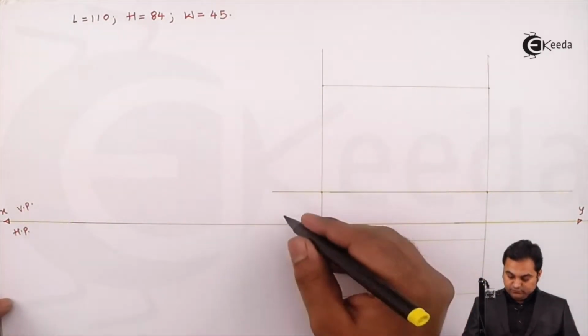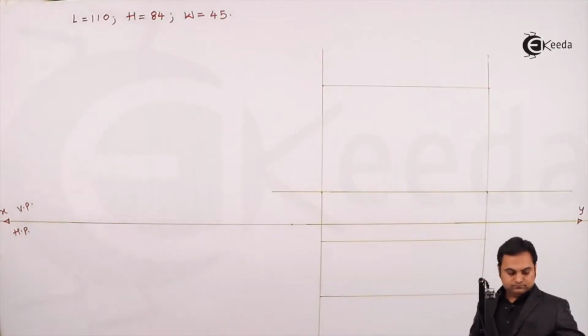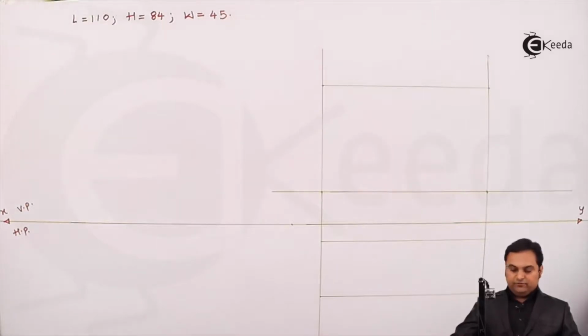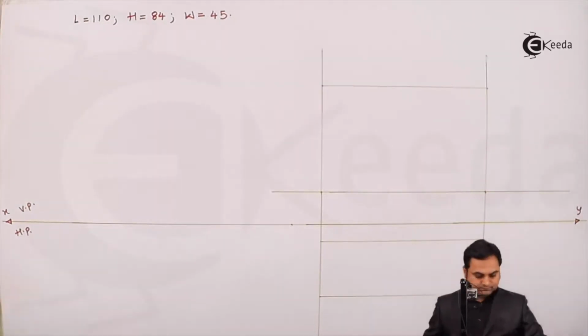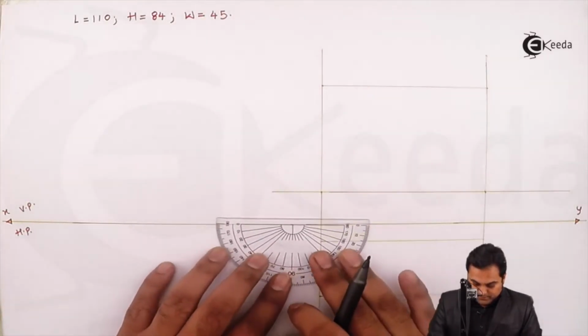Next, for the side view, here I will be measuring an angle of 45 degree. So here I am measuring an angle of 45 degree.